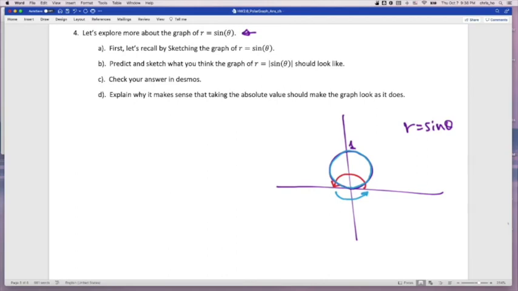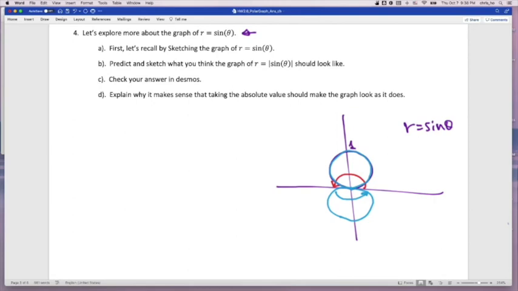But if you put an absolute value over it, then r is no longer negative. So what happens is that the blue circle is no longer overlapping with the purple circle, but instead is going to be something like this.